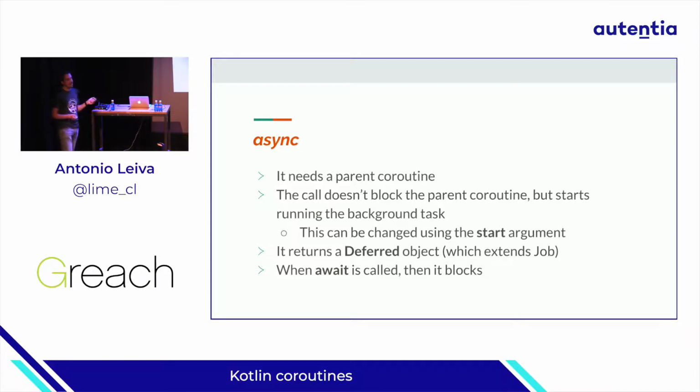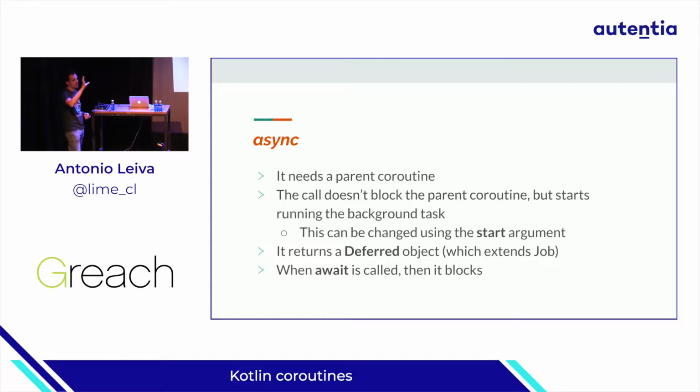Then we have another builder that is called async, which would be the most similar to the regular async await that we have in other languages, which always needs a parent coroutine as opposed to launch that can be run as the first parent coroutine. This one needs to be called inside another coroutine, and the call doesn't block the parent coroutine, but it starts running the background task.